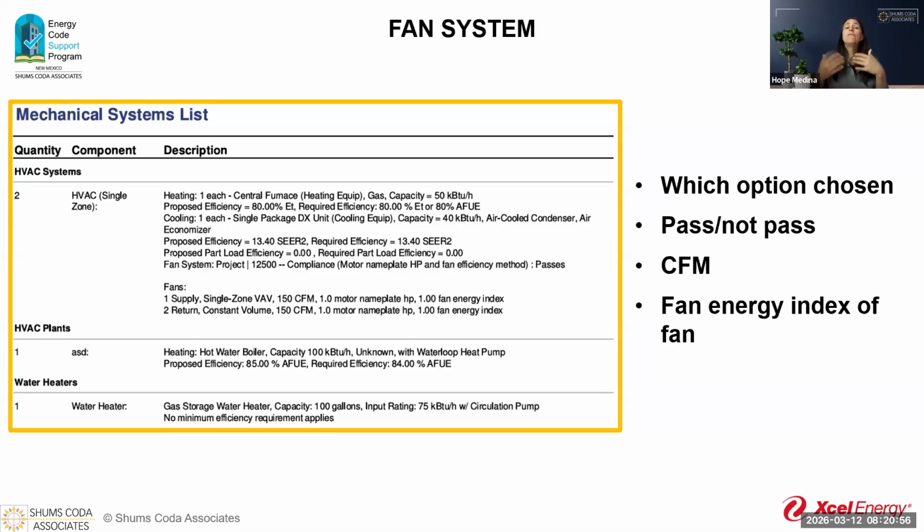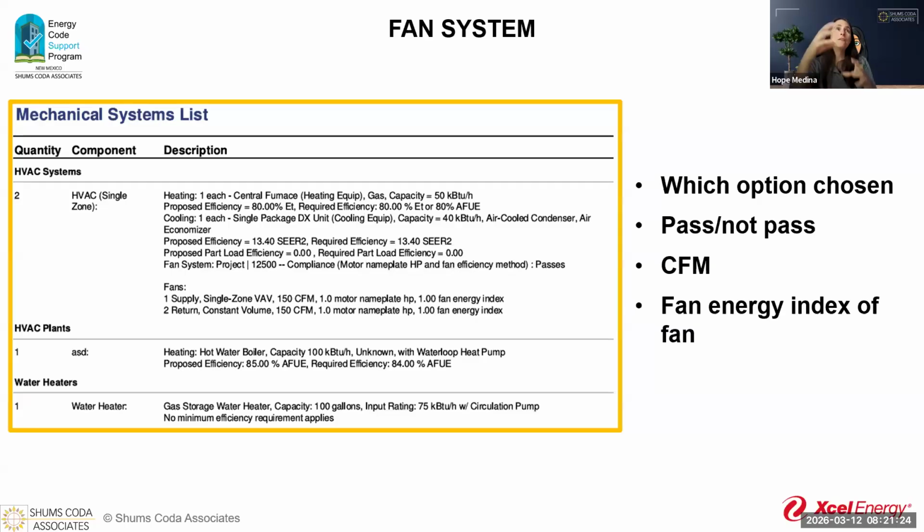warranted. I will say for the most part, most commercial projects probably get to the point where a fan system is going to be implemented. So it lets us know which option they utilize. It also tells us whether it passes or doesn't pass. It gives us the information that we need as far as how much CFM is going to be utilized.